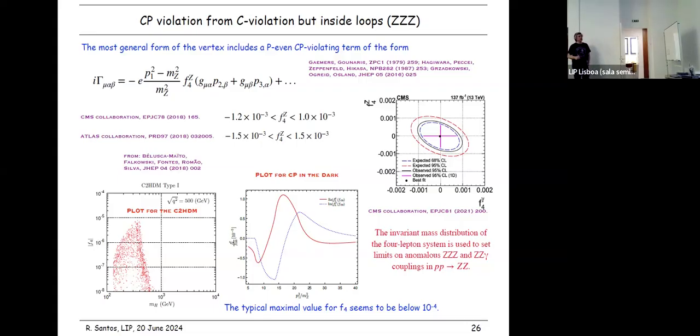So if you look at what you can measure, what you obtain from the models is something that is close, not there, but close to 10 to the minus 5. Okay, and the bounds here are 10 to the minus 3, and here are close to 10 to the minus 4. So it's getting closer to having something to say about CP violation inside the triple Z. So I expect that, well, during the next run, we'll reach the 10 to the minus 5.